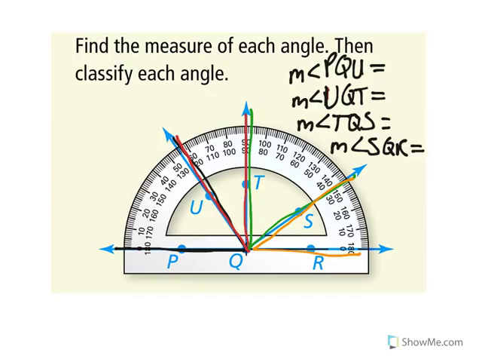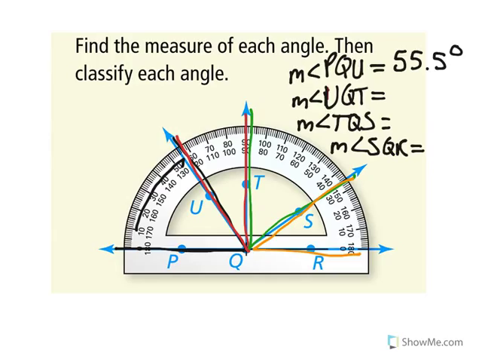Okay, so let's look at these. PQU: if I start at the left side of my protractor, it goes from 0 all the way to about 55 and a half, it would almost seem, because it's in between 55 and 56. So I'm going to estimate this at about 55.5 degrees.